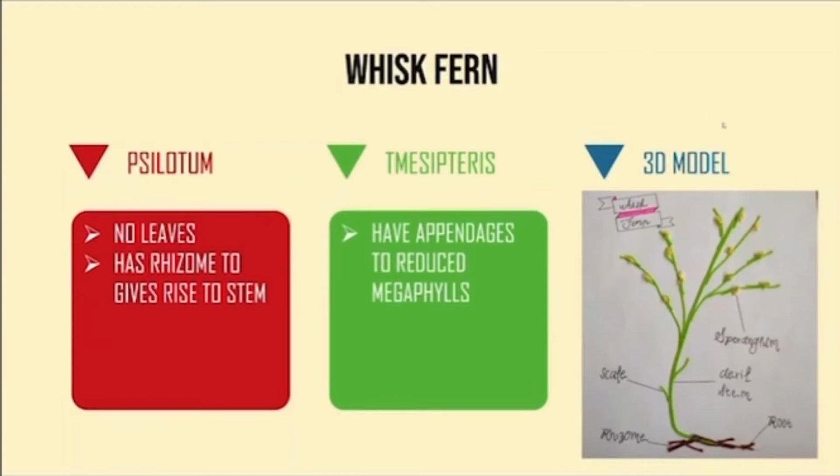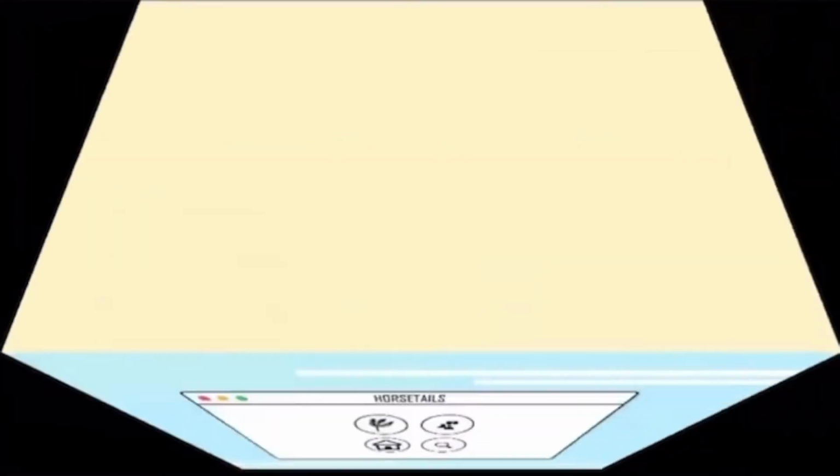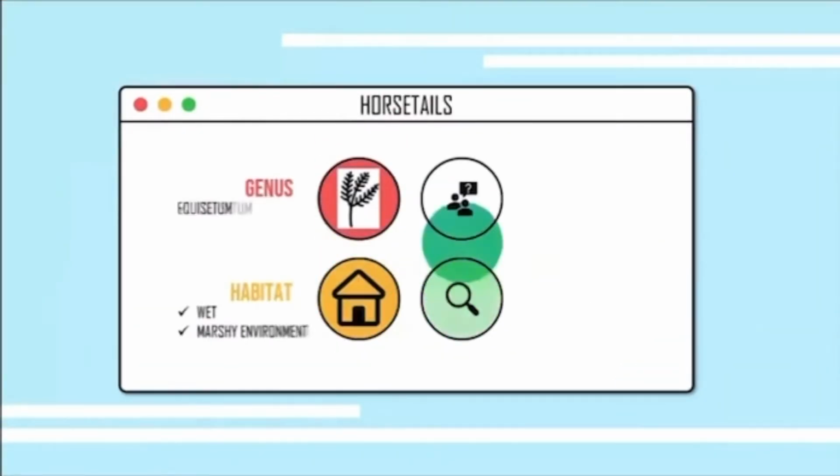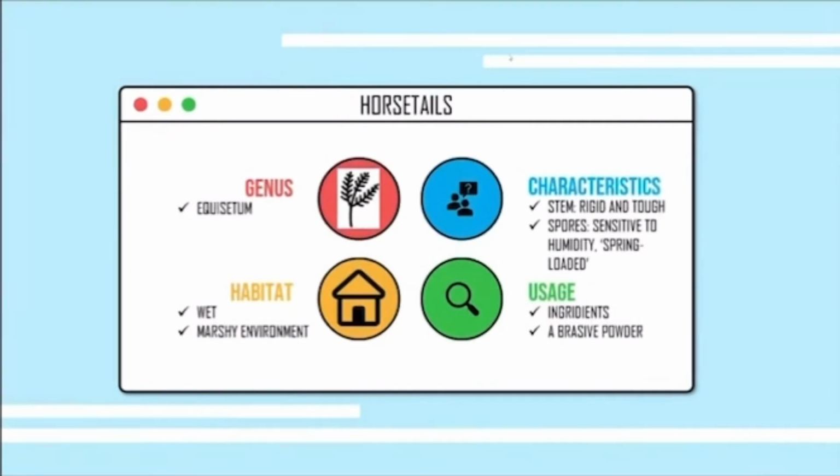This is the 3D model made by my group mate Ismahani, showing the sporangium, the yellow one, the stem, the scale, the rhizome, and the root. Move on to the second type of pteridophytes, which is the horsetails.